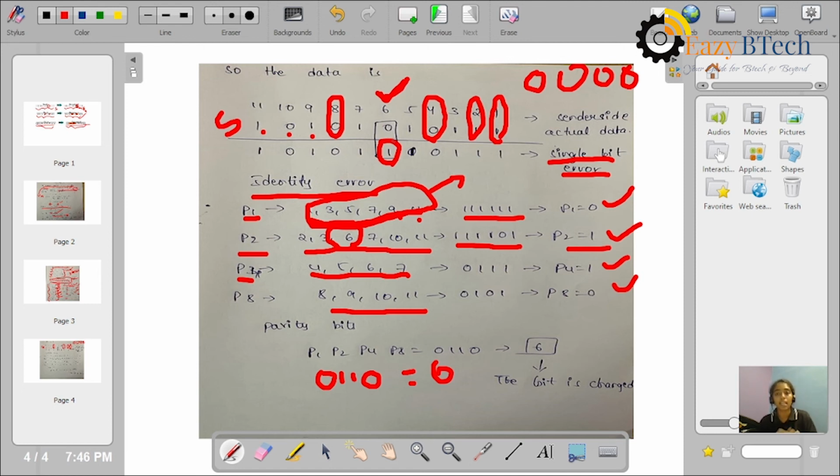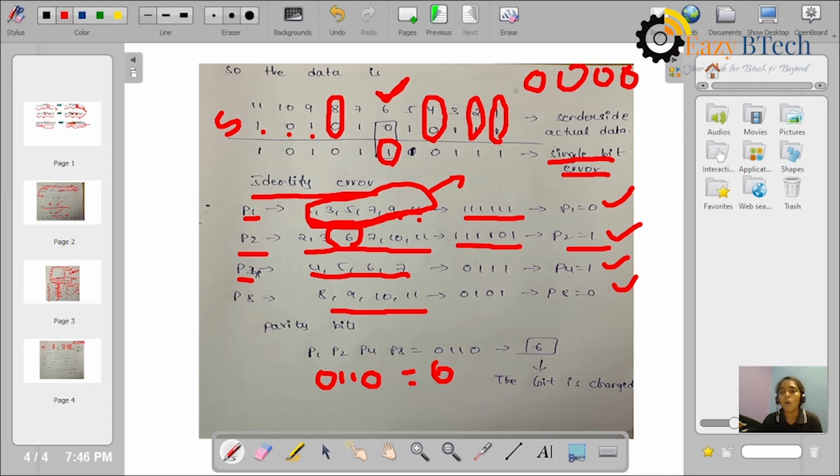After identifying the error in the data frame, we have to rectify that error. So by using these error coding techniques, the receiver identifies the position where that error occurred in the data unit.